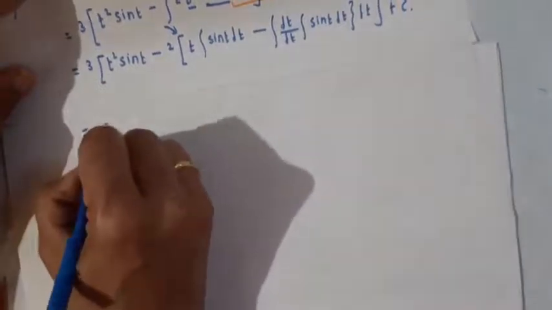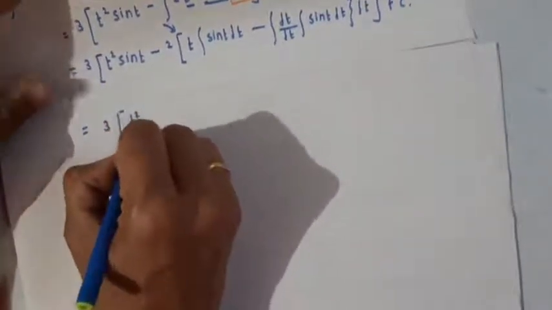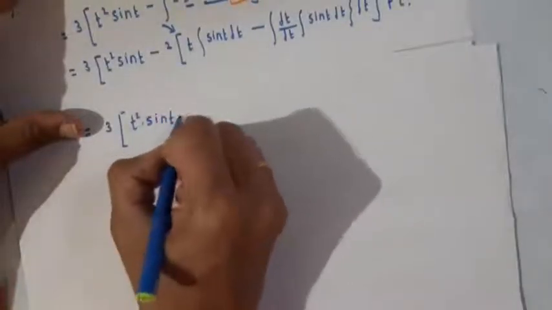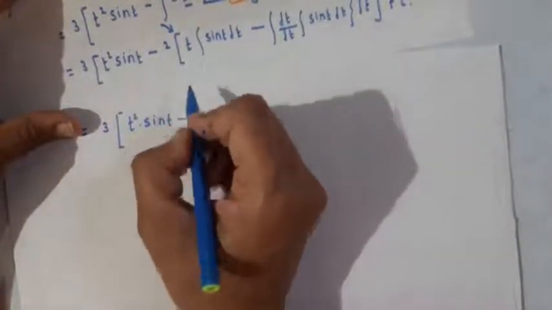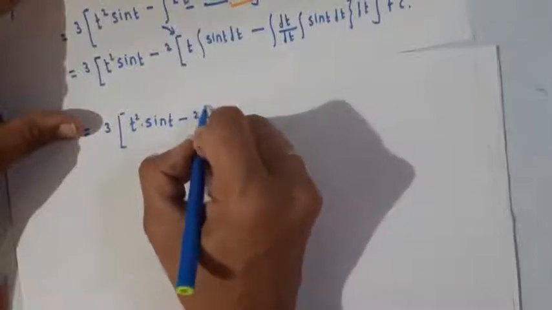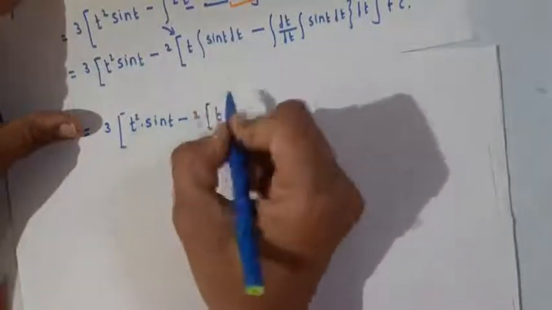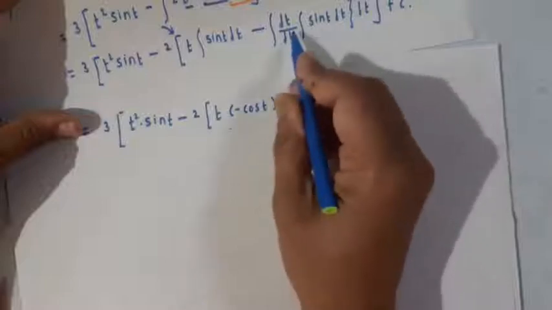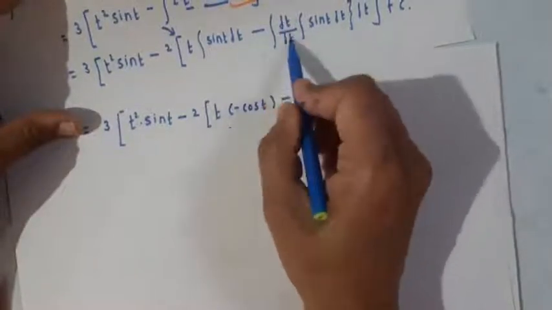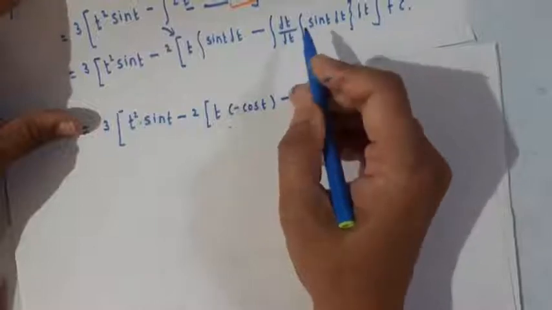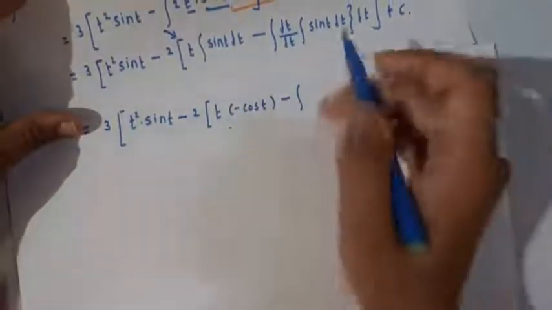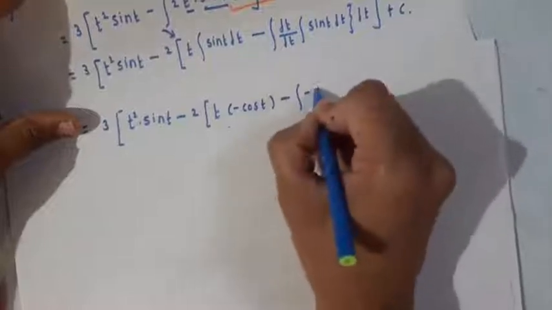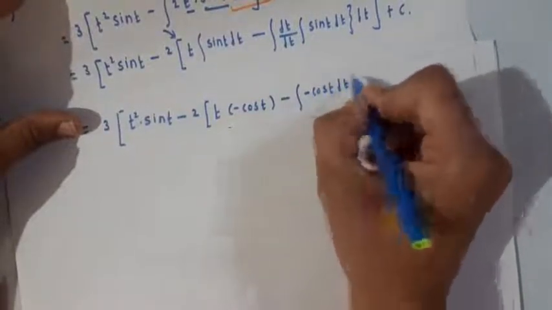Now this is equal to 3 into t square sin of t, minus 2 as it is. Okay, t times integration of sin of t, which is minus cos of t, minus integration of the differentiation of t with respect to t, which is 1, then integration of sin of t, which is minus cos of t, with respect to t.